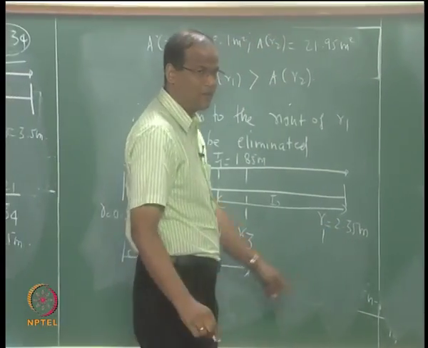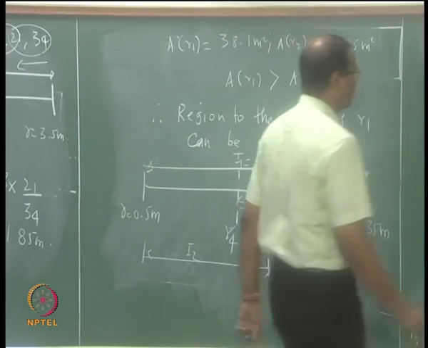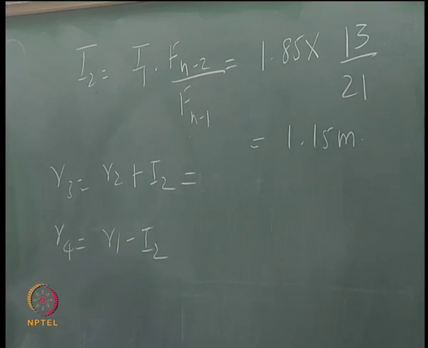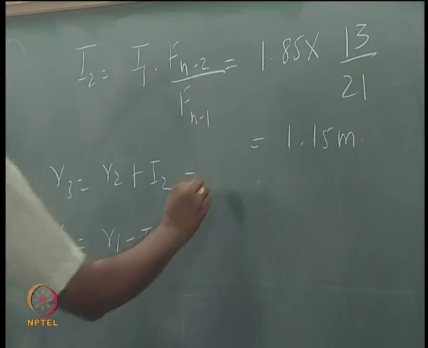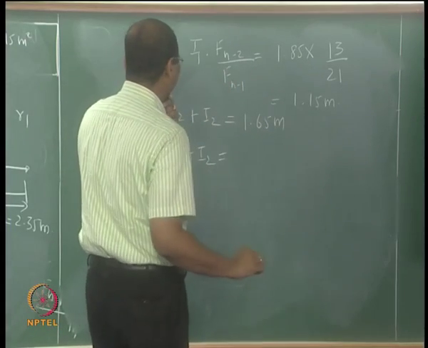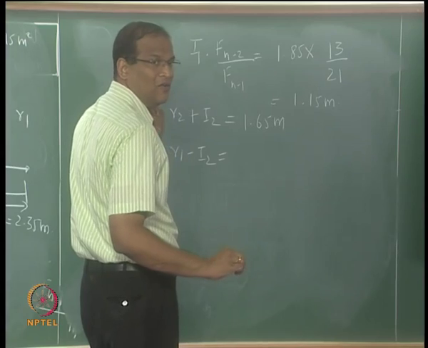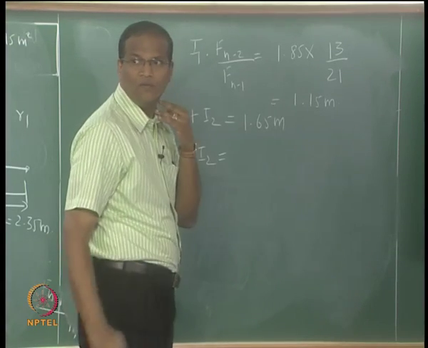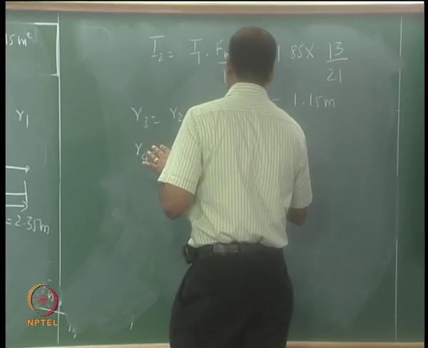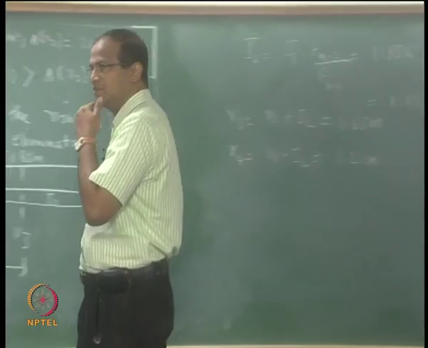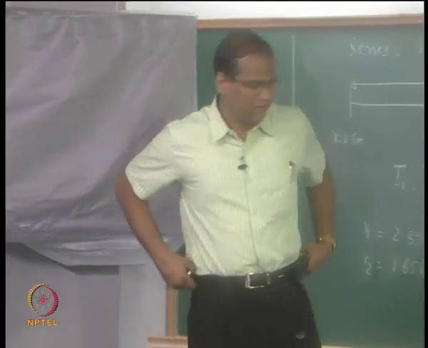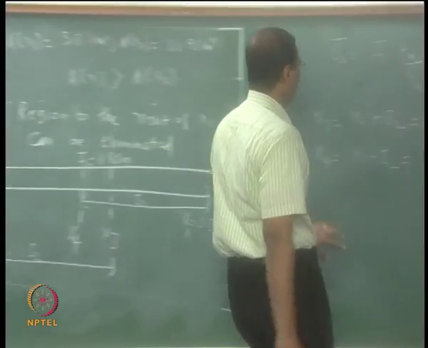R1, right? 0.5 plus this is 1.65, this is 1.20. Then we leave it like that, 1.20.